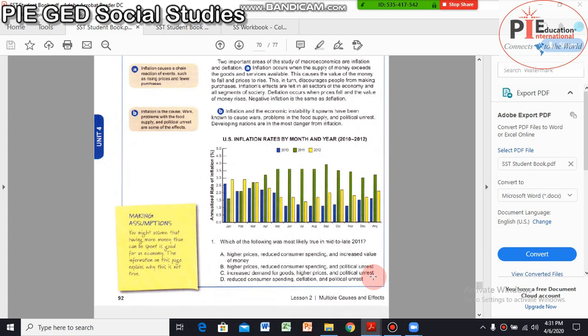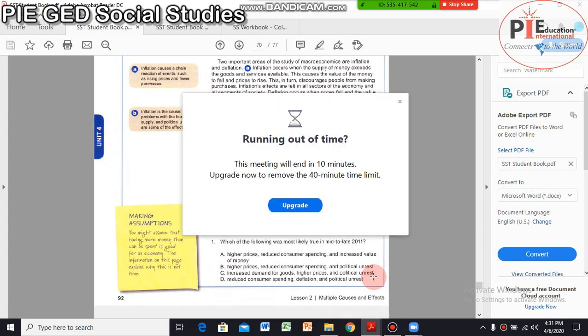People won't be able to buy products, and since people won't be able to buy products, businesses will be going out of business. They won't be making that much money anymore. So it's going to create chaos, and then it's going to create more problems. The tax revenue is going to fall down. So this is how it's going to happen. All right, I have 10 more classes during this time. Let's move on. So it will be number B.